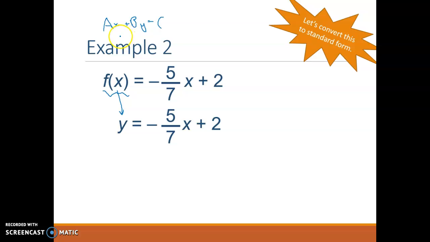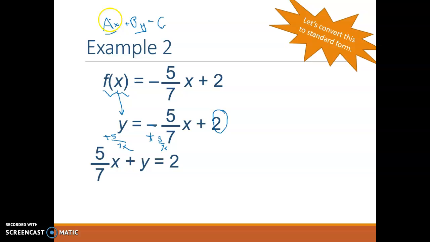Now, if you look at standard form, we need to get our x and our y terms on the same side. And we need our constant, this 2, to be all by itself on the right-hand side. Since this is a -5/7 x, we will add 5/7 x to both sides. And when we do that, we get 5/7 x plus y equals 2.